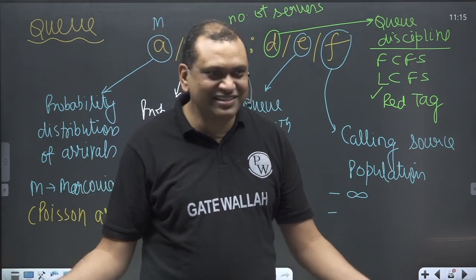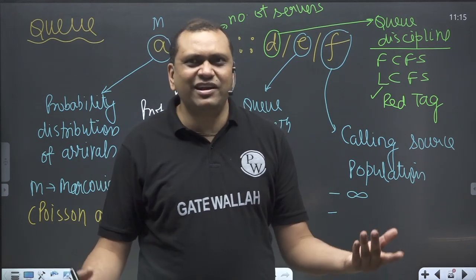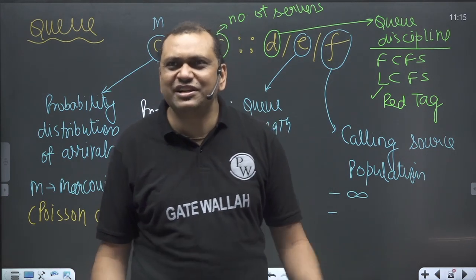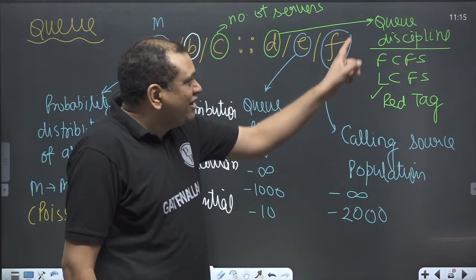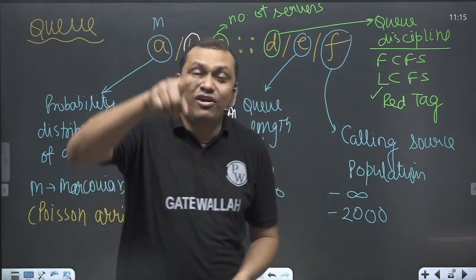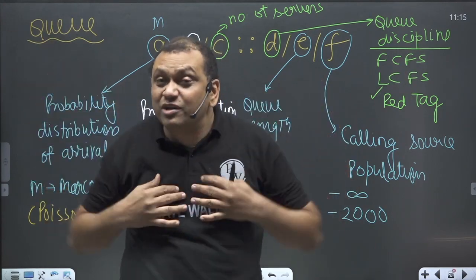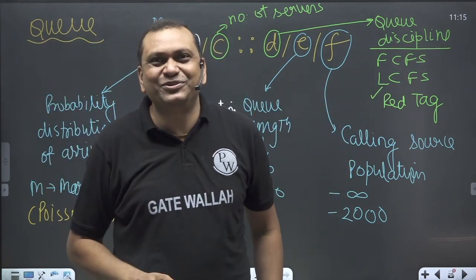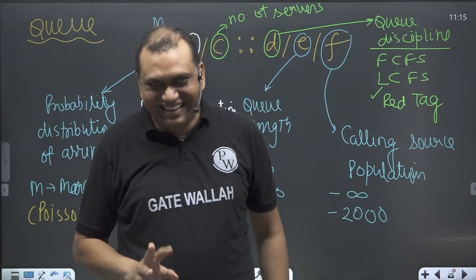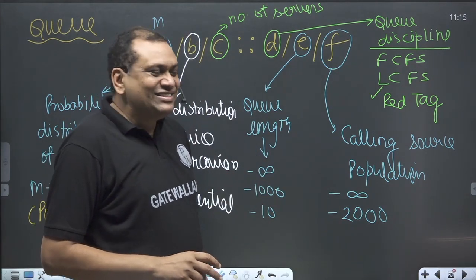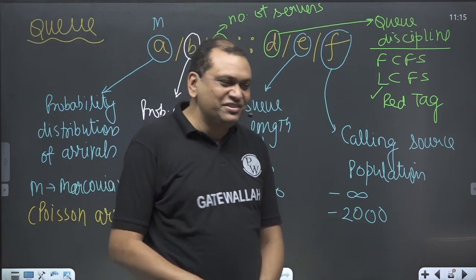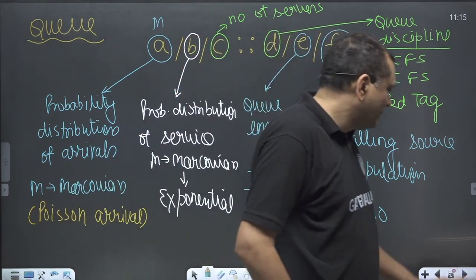I am recording this lecture in Hyderabad, and let us say there may be 2000 Mercedes-Benz cars. So the calling source population is only 2000. Only those 2000 people can join my queue; no other person can join. Understand? So these things are basically called notations, so please be careful.